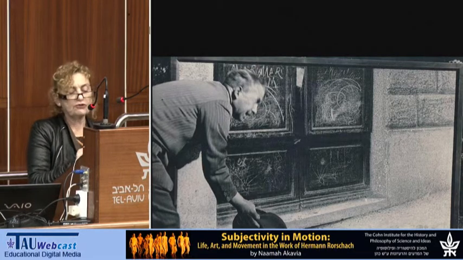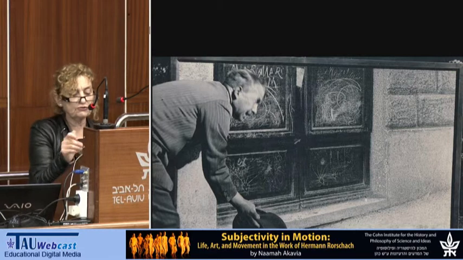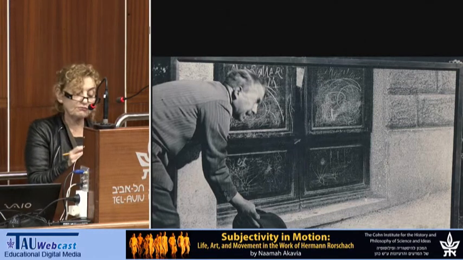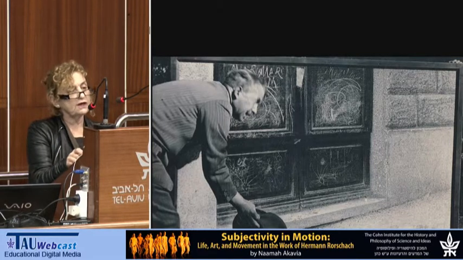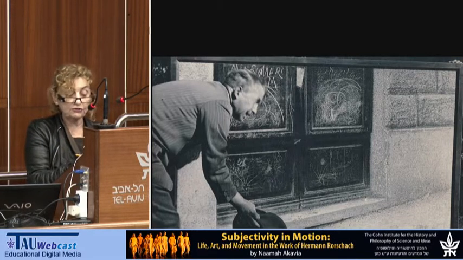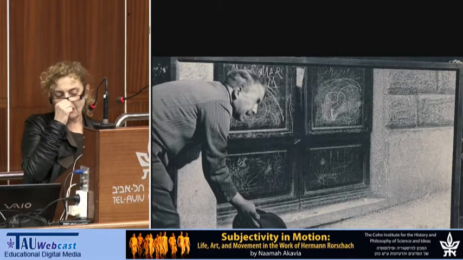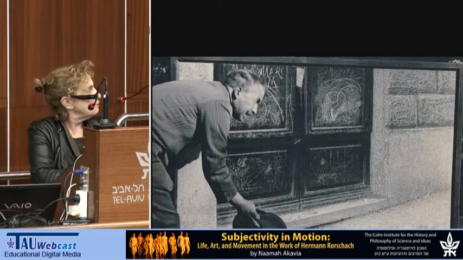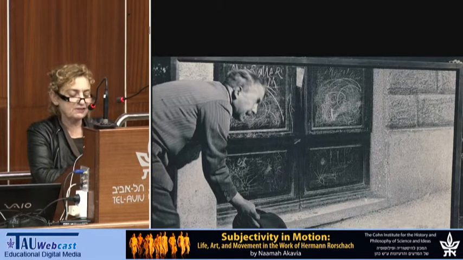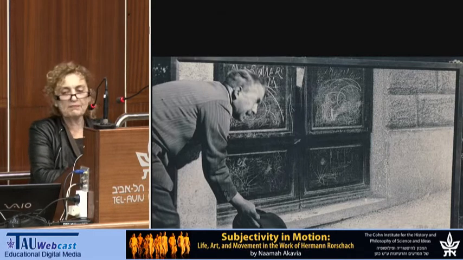So I will start by using most of the illustrations from Naamah's fine book as a springboard to talk about Italian futurism and artistic theories of dynamism. Here we have an image of one of the futurists, Giacomo Balla, in front of one of his paintings.